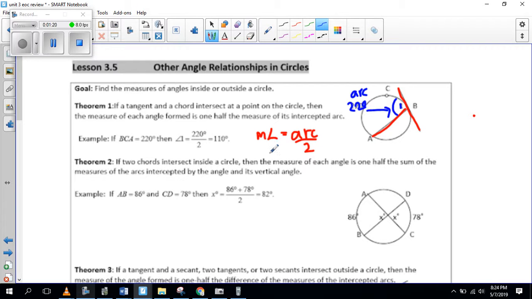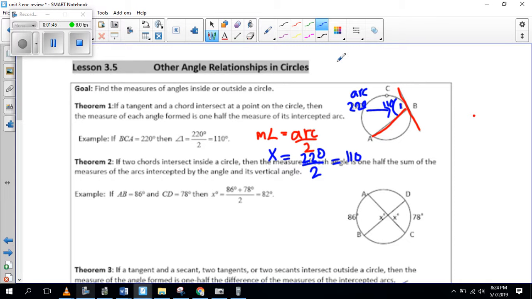So for our angle, we have x, or 1, equals an arc of 220 divided by 2, and we should get 110. So that's what this angle is, 110. And you see we're going in, so we should automatically begin smaller.